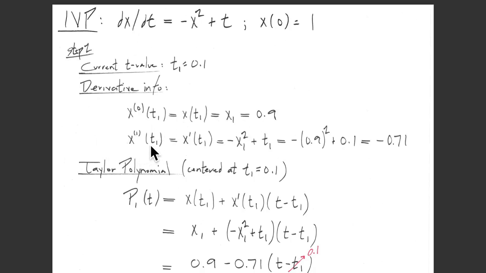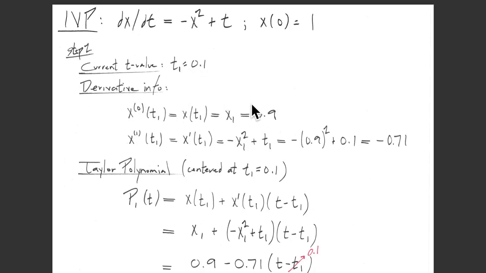And then the derivative, x prime at t1, would come again from our differential equation, be minus x1 squared plus t1. So we get minus 0.9 squared plus 0.1, which turns out to be minus 0.71. So this is our 0th and first derivative of our solution evaluated at time t1 now, which is 0.1.